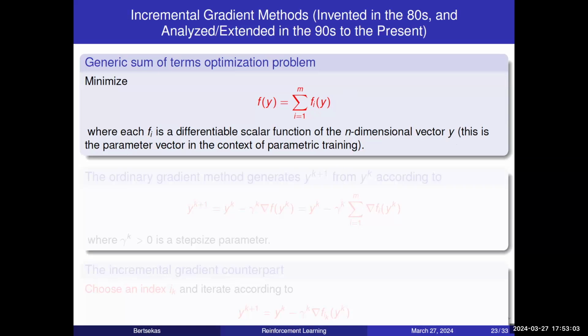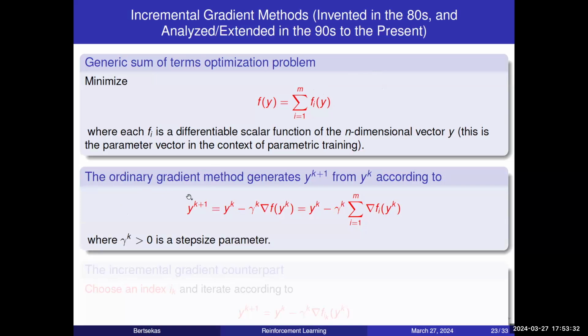If we consider neural network training, each component would correspond to one sample data point. If it's cost function approximation, every component would correspond to one state and cost pair.